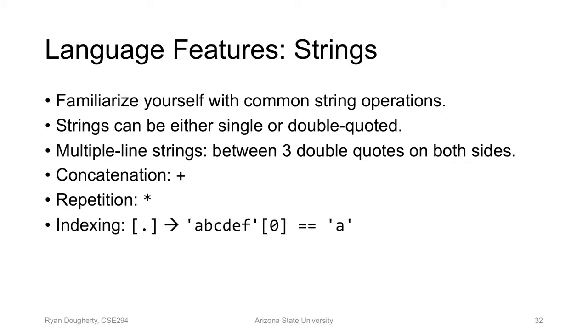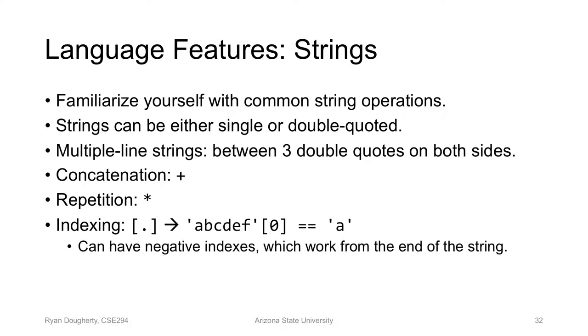We can index into a string, just like in Java, but instead of using a method, we actually use the square bracket operator, like how arrays work, because strings are basically arrays of characters. So we can index into it, and it returns us the particular string. We can have negative indexes, which is really cool.